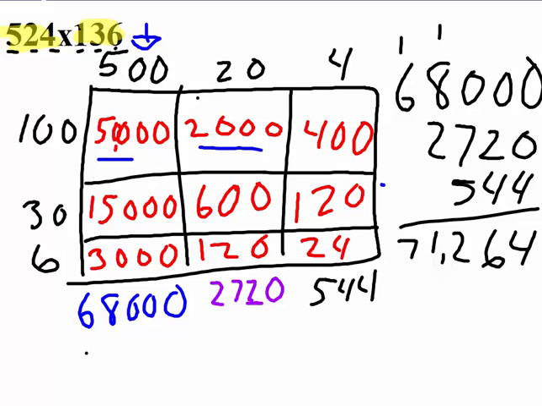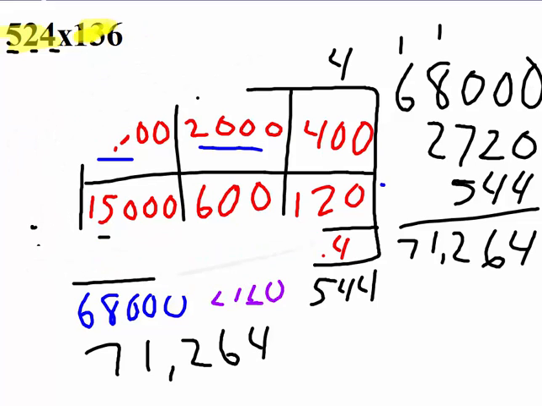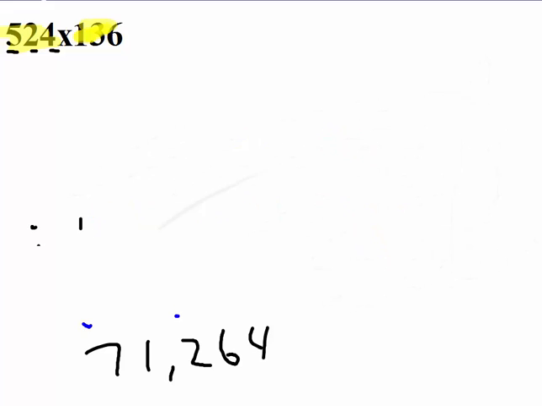My answer is 71,264. Now am I done? No, because I want to make sure I have it right, so I'm going to use my standard algorithm to check. With my large numbers, it's really important as well, just because there's more numbers, which means more opportunities to make mistakes.